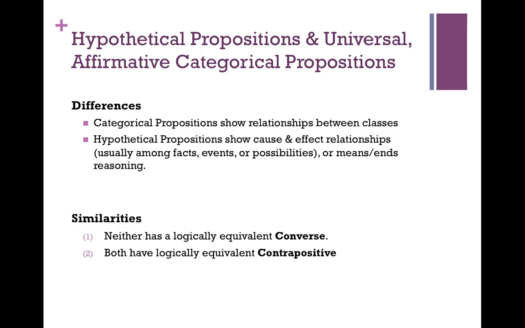But universal affirmative categorical propositions, again, that's all S are P, have a logically equivalent contrapositive. So too do hypothetical propositions. They also have a logically equivalent contrapositive. And it's interesting because it's not as intuitive, but it's really, really helpful a lot of times.